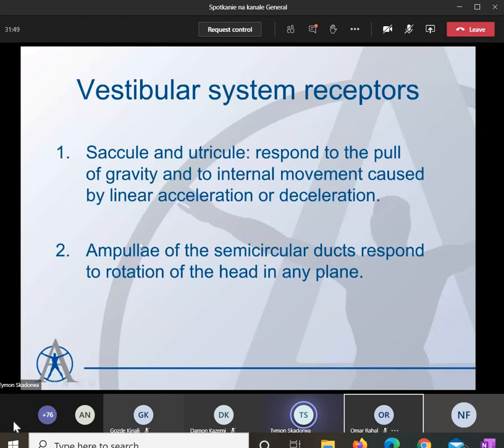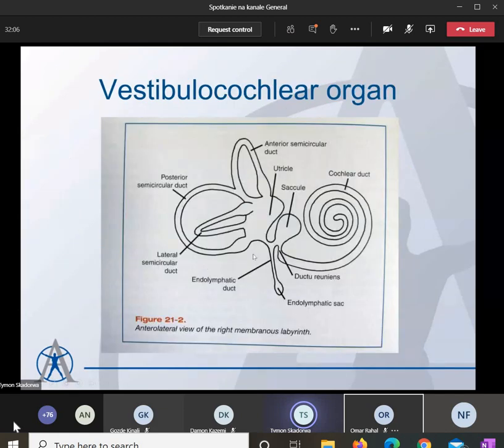Now, the ampullae of the semicircular ducts respond to rotation of the head. So here we have linear acceleration or deceleration, and the ampullae of the semicircular ducts respond to rotational movements. If you look at the scheme again, we leave the cochlea now and look at the vestibule, which is the second part. As you may see, it contains semicircular ducts: the anterior, posterior, and lateral semicircular ducts.